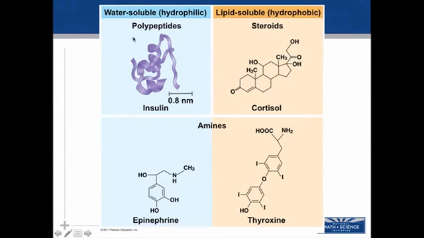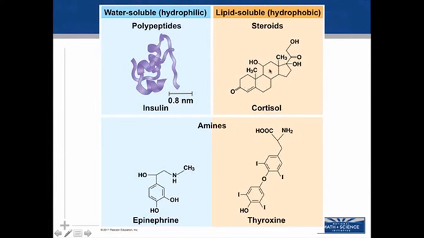We have two basic types of hormones. Those that are water soluble, so they're going to be hydrophilic, and those that are lipid soluble, which would be hydrophobic. They act very differently in their response mechanisms or in their signal transduction pathway, because typically we're going to see water soluble hormones are not able to pass through the membrane, whereas lipid soluble hormones are.